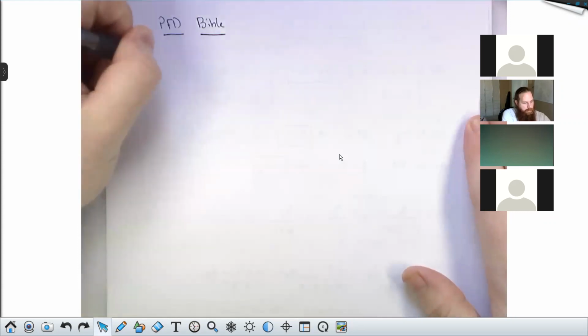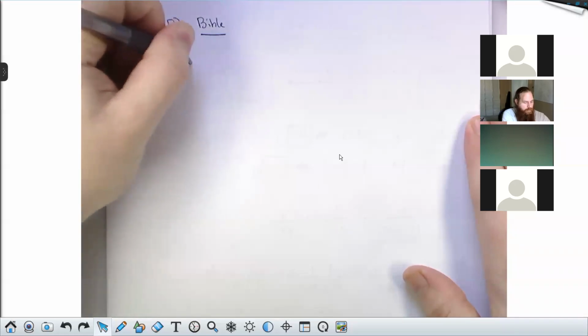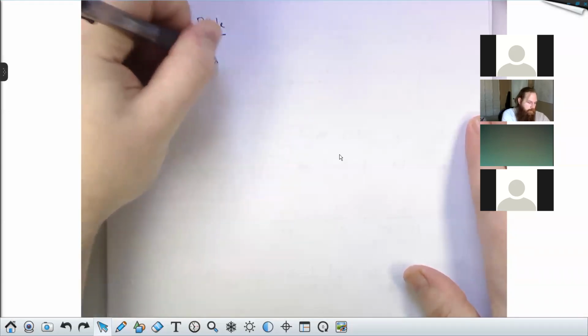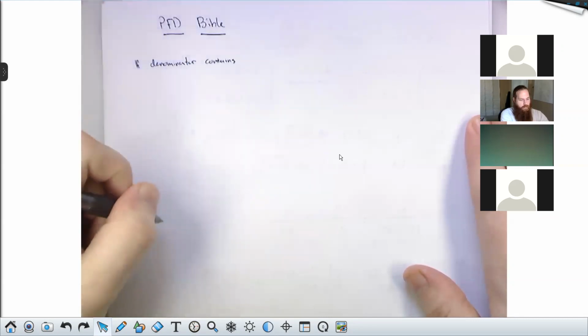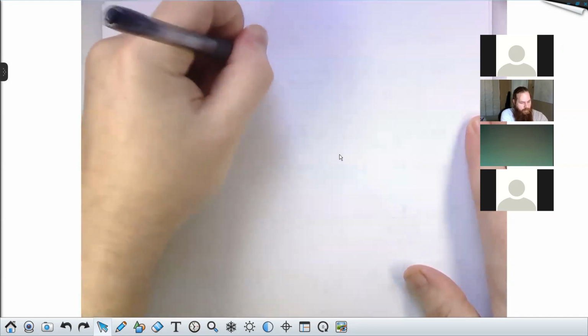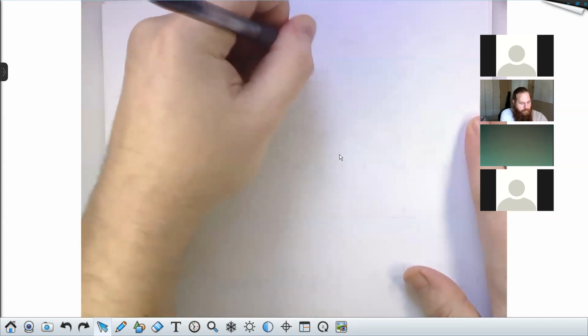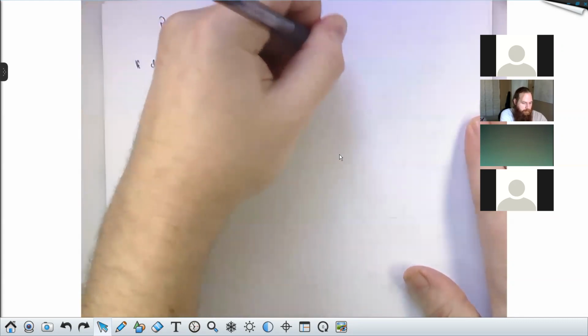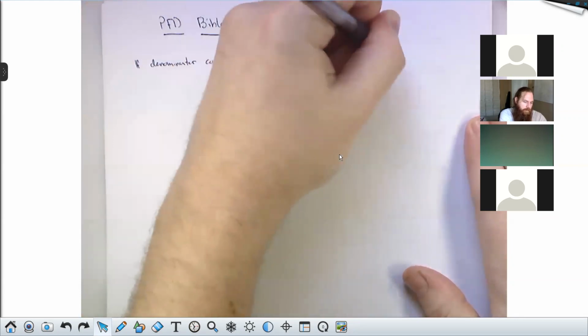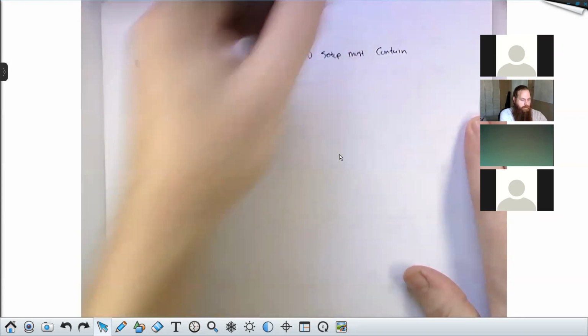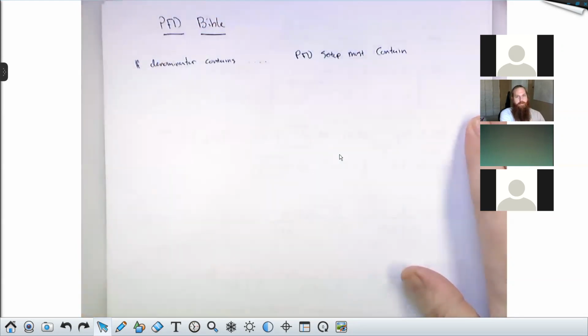If the denominator contains, and then I'll list different sort of factors you could have here, then your PFD setup must contain, and I'll list the corresponding pieces for the PFD setup here.